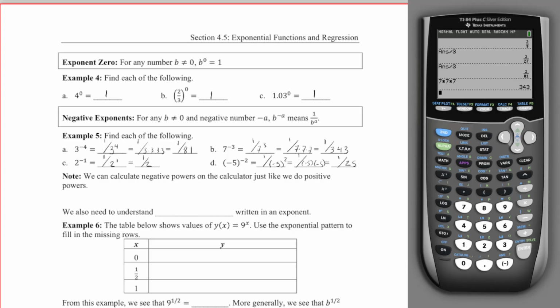And of course, the calculator can handle negative exponents. So if I just directly put in 3 to the negative 4 and tell it to give me that as a fraction, that is indeed 1 over 81. 7 to the negative 3, give me that as a fraction, that is 1 over 343. 2 to the negative 1, give me that as a fraction, that is 1/2.